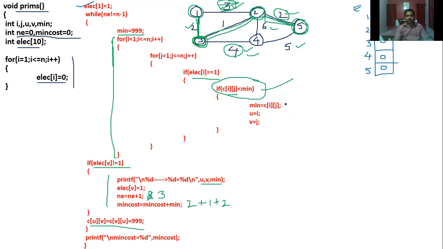This is 4, U is equal to 3, V is equal to 4. And this has not been elected. I can consider this edge 3 to 4 and make this elected. Number of edges will be increased by 1, and update the minimum cost to 4, right? And make this infinity.